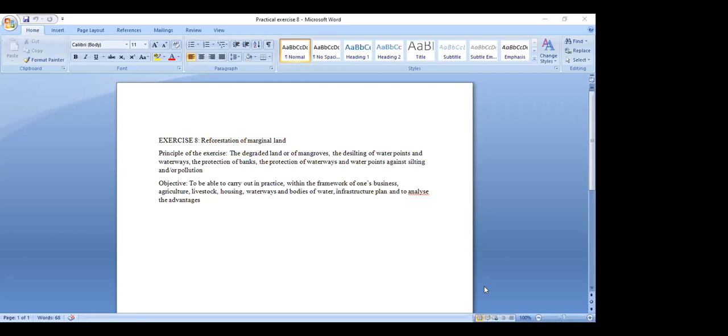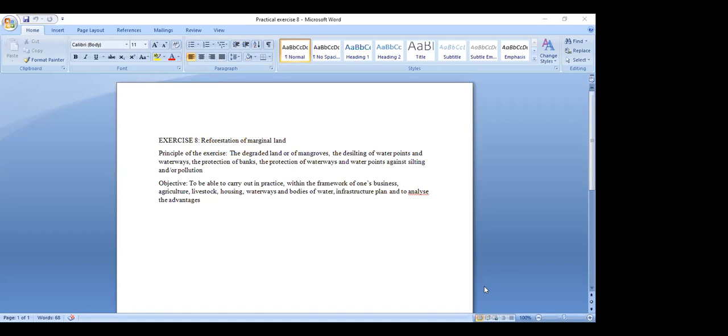Somebody can pen down what we discussed about the question somebody just asked, for a marginal land, a land that is already no longer in use because of wastewater. We mentioned the use of moringa trees, celosia, palm and coconut trees.